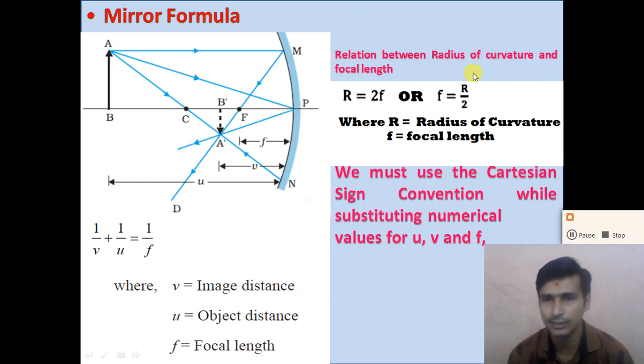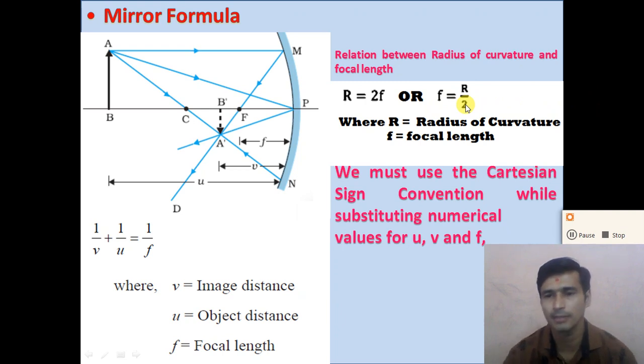So radius of curvature and focal length are related by this equation, r is equal to twice f. So the radius of curvature is double the focal length of the mirror, or we can say that the focal length of the mirror f is equal to radius of curvature divided by 2.